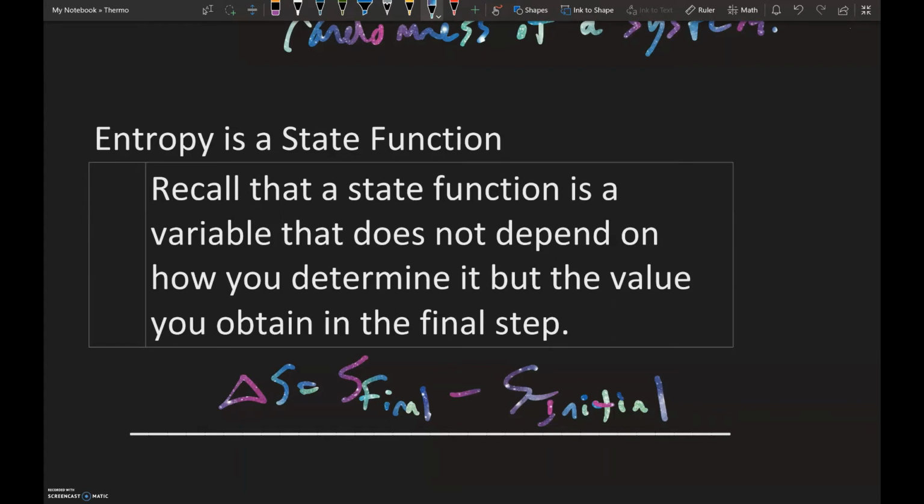The point is that you have the initial, and then you have the final, which in this case was the 50 milliliters of water. And so state functions include entropy, heat, delta H, pressure, temperature, volume. And so we're going to utilize what a state function is in relation to entropy.